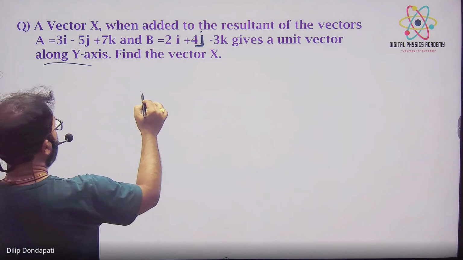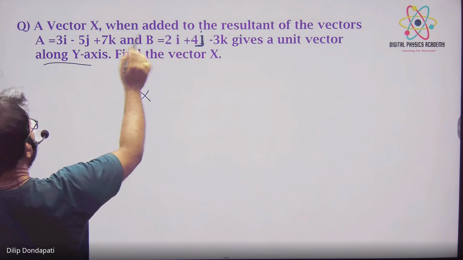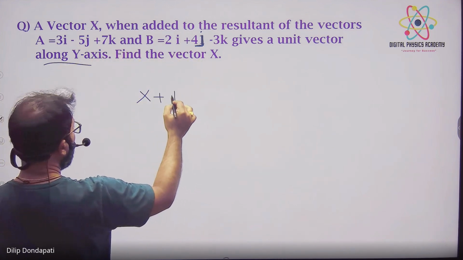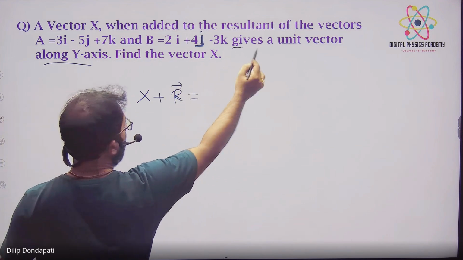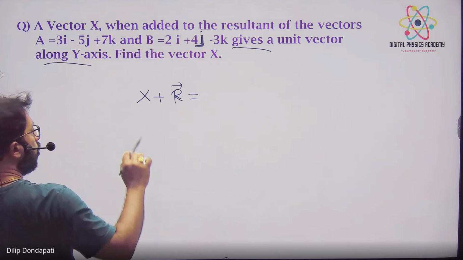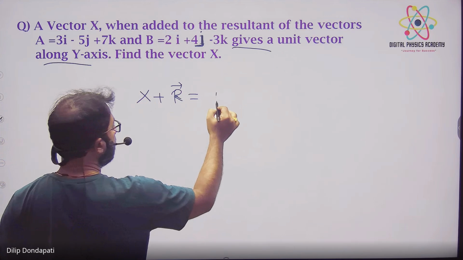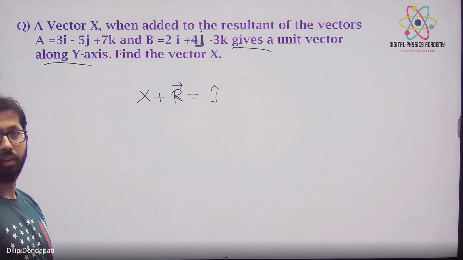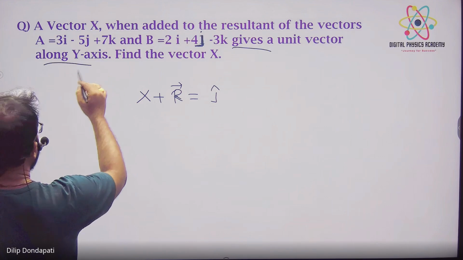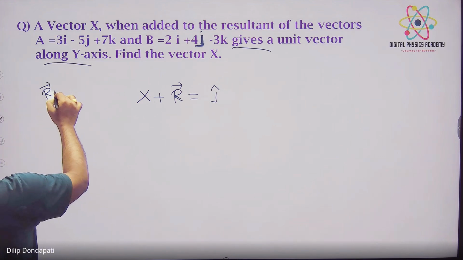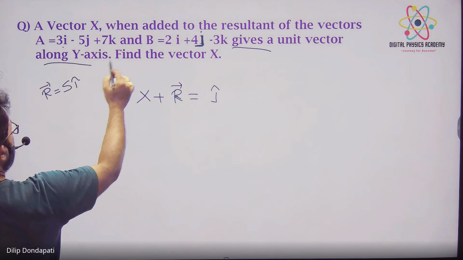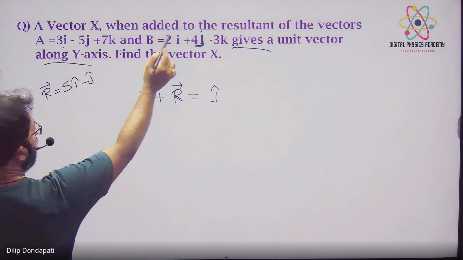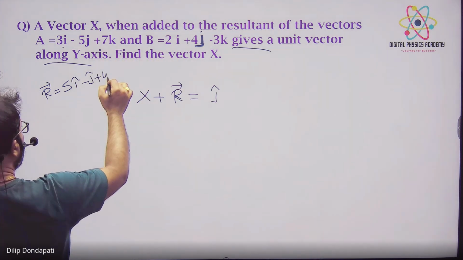To vector x we have to add the resultant of vectors, meaning plus R vector. R is nothing but the addition of two vectors. Use a unit vector along y direction, which I can take as j cap. First find the resultant of the two vectors: 3 plus 2 is 5i cap, minus j cap, 7k minus 3 is plus 4k cap.